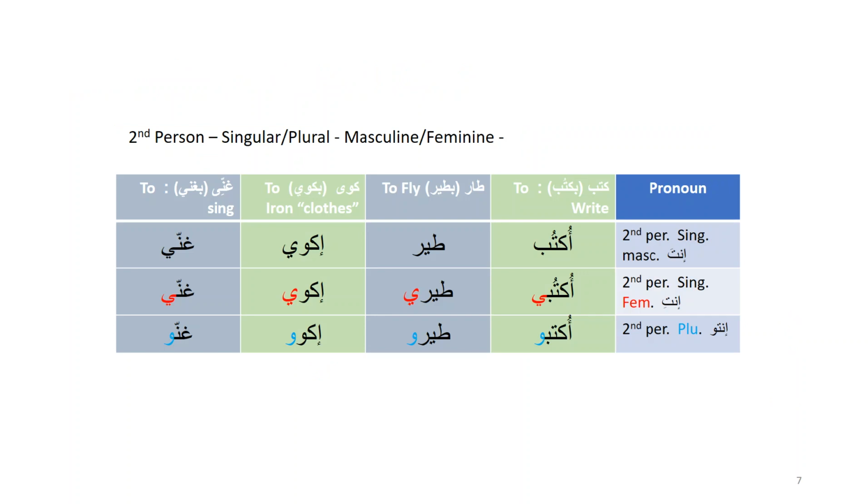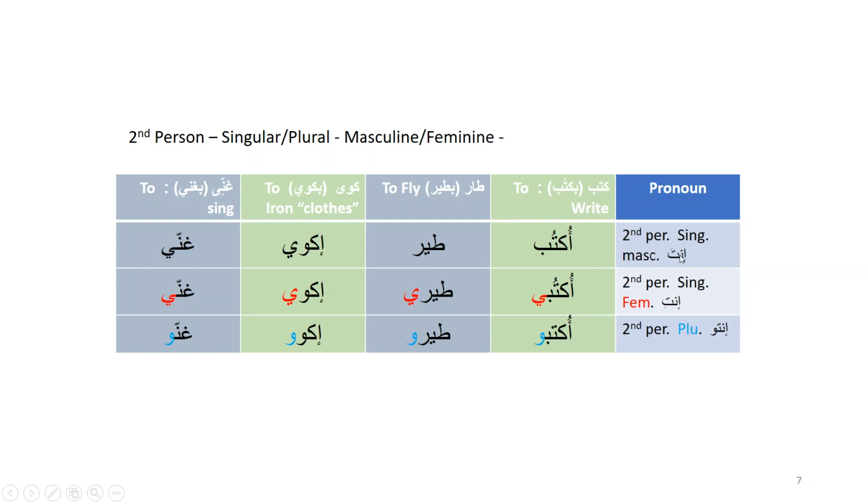Okay. Now, as we form the imperative verb, we need to think that all the previous examples were given for the second person singular masculine, like inta, if you are speaking to a singular male. So you tell him اكتب, طير, اكوي, غني.